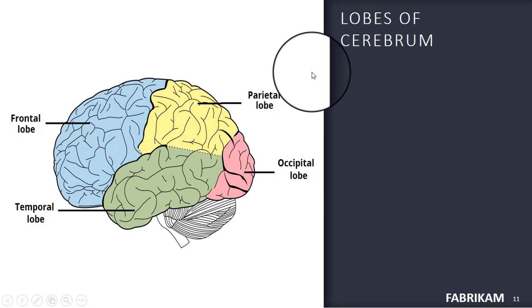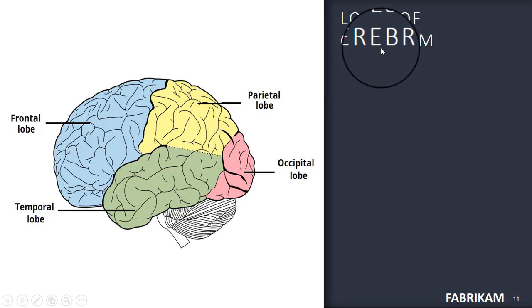Each lobe contains various cortical association areas where information from different modalities is collated for processing. Together, these areas function to give us a meaningful perceptual interpretation and experience of our surrounding environment.